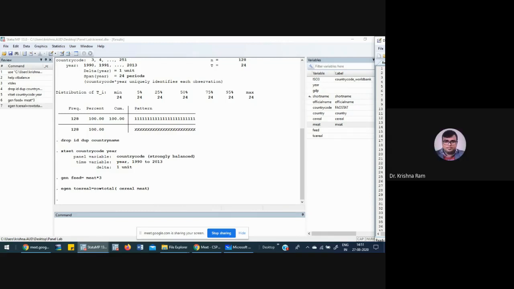The gen command is the usual command that gives us a new variable depending upon what kind of arithmetical method we are going to use. Egen is the extension of the gen command.